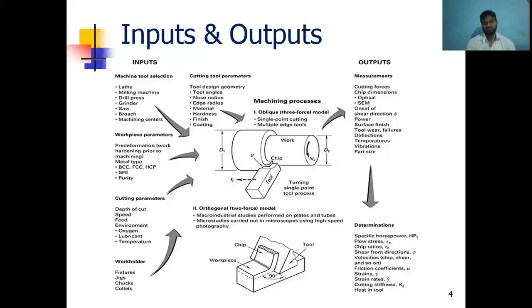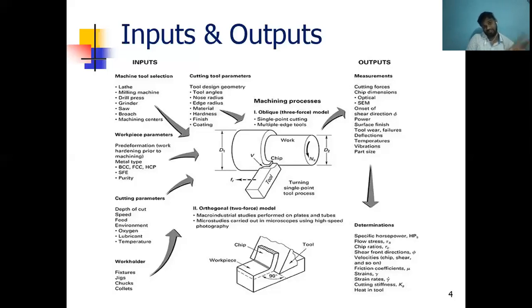So next one, finally we get the determination of the output. That one is specific horsepower, HP. Next one, flow stress, chip ratios, shear front directions, velocities.